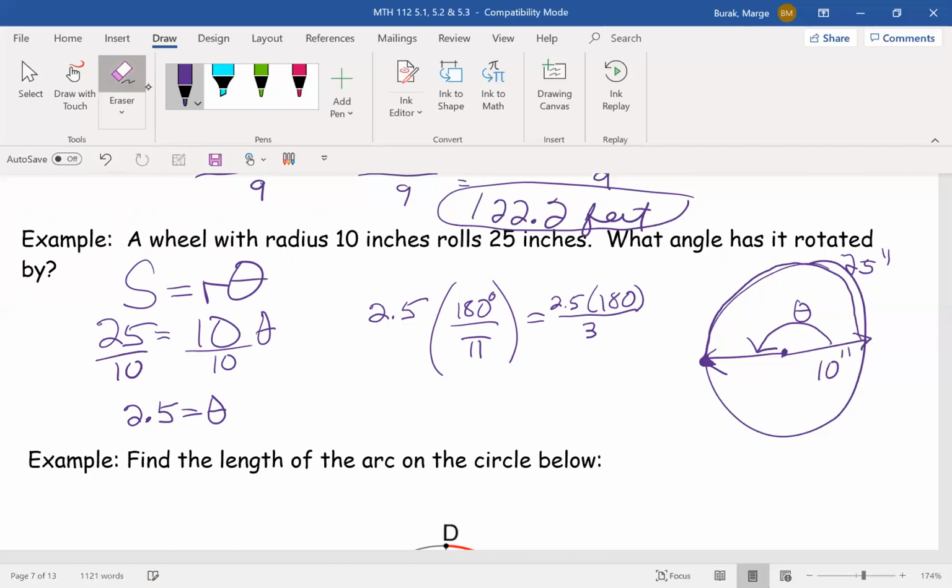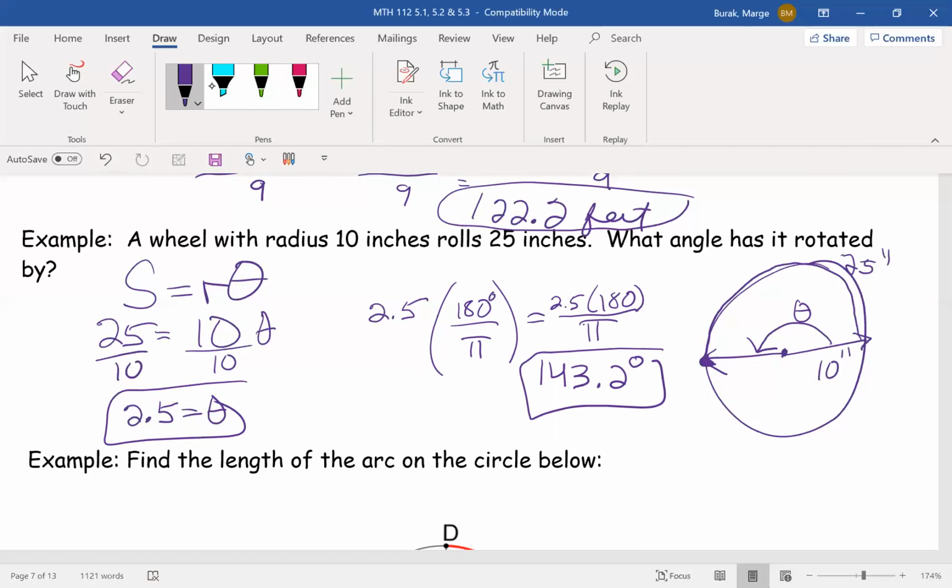I'll just use the pi button. And I get 143.2 degrees. So either 2.5 radians or 143.2 degrees. It should be about right here.